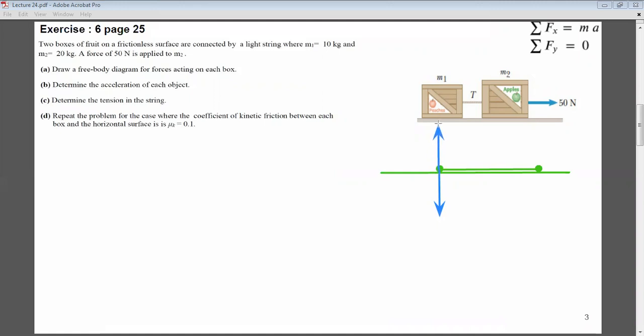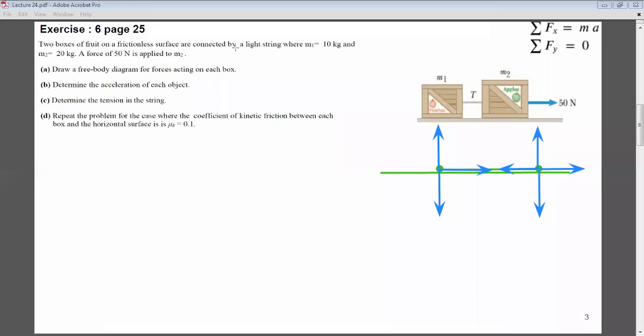Okay. And since there is a rope, there is tension, and we call it just T because this is the same rope. The second object, there is W2, because it's a different mass, and then N2. And then there is the tension, and then there is this applied force.